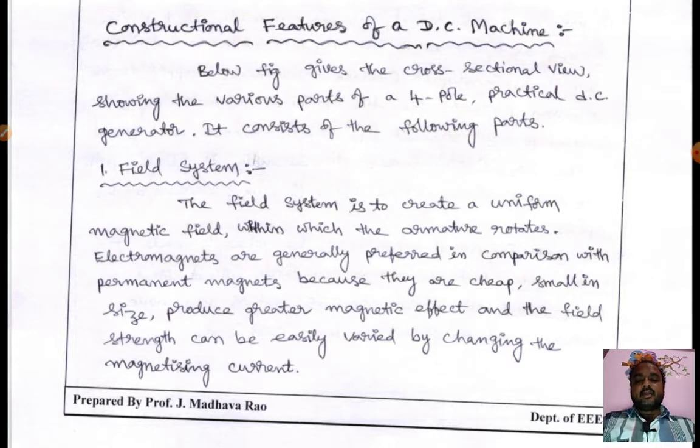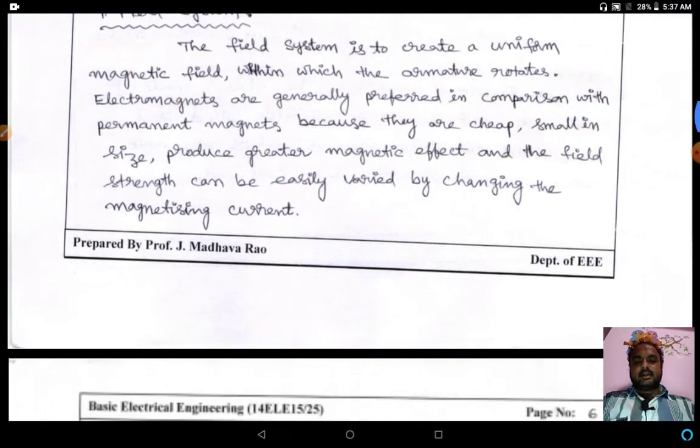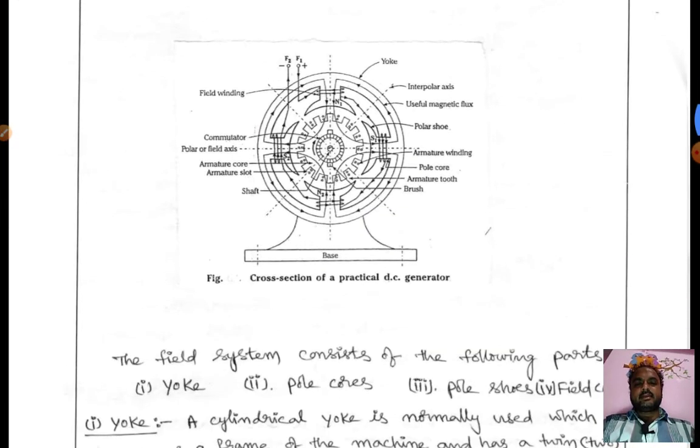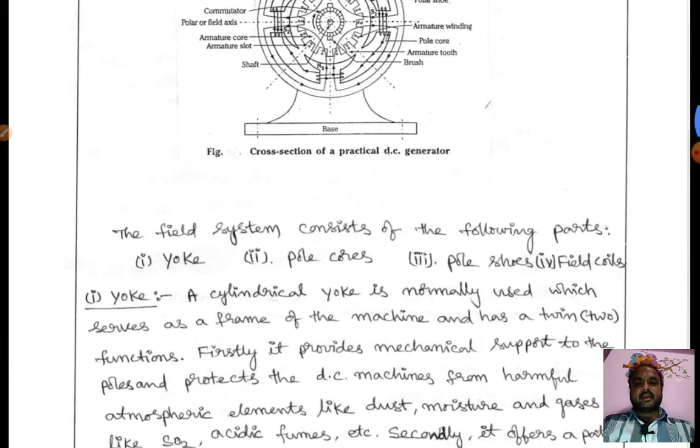Electromagnets are generally preferred in comparison with permanent magnets because they are cheap, small in size, produce greater magnetic field, and the field strength can be easily varied by changing the magnetizing current.